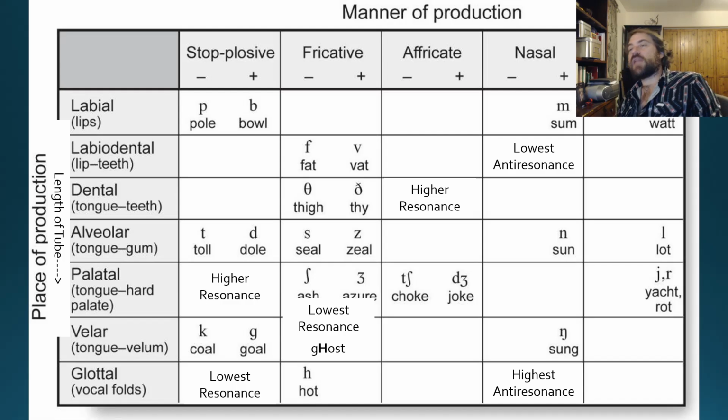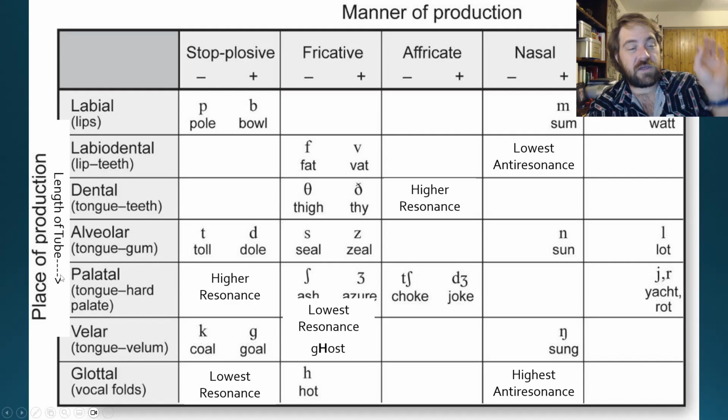And then here's our last slide, which is I just want you to know which consonants are what. And then I've got some notes in here as well. So the length of tube, I've added over here. Sorry, the length of the anterior tube gets longer as you head down.